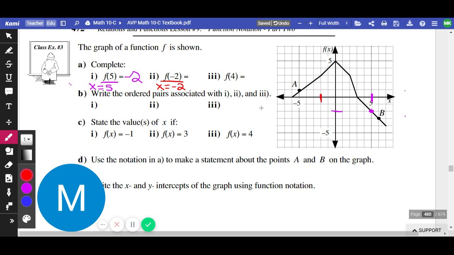That red line I've drawn. Your job is to move up or down now until you hit the graph. In our case, we're going to have to move up. And we hit the graph here. The y value would be 1, 2, 3. So the output is 3 when the input is negative 2.